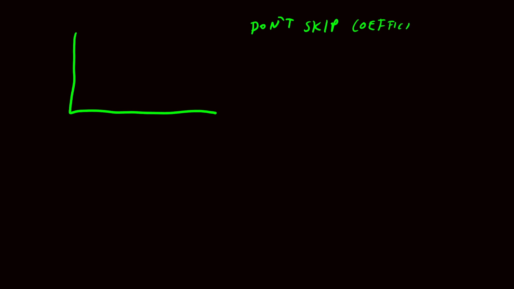So the main thing you need to remember is you have to make your little L table. Don't skip coefficients of missing terms. Right, so that's what I was talking about, the x squared. You have to write that 0 there.